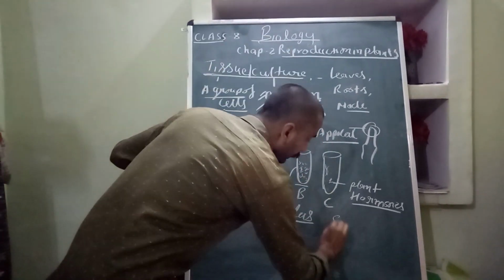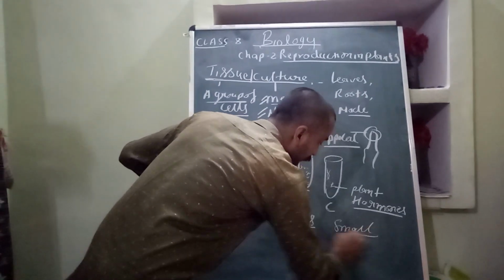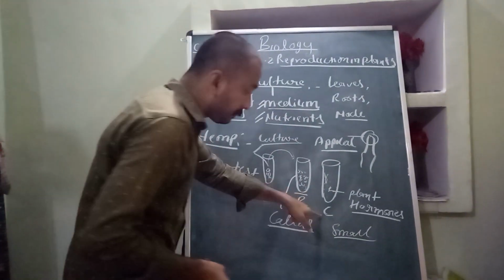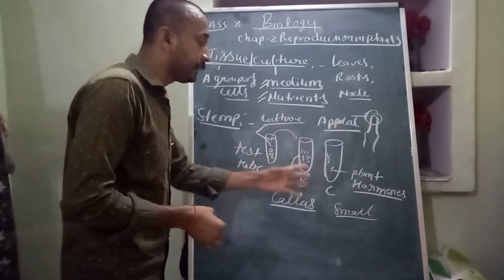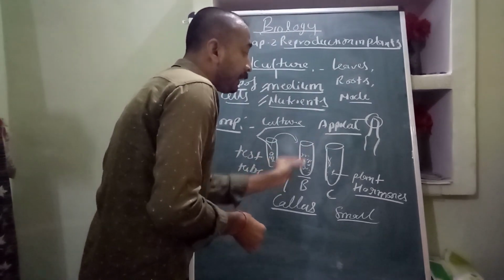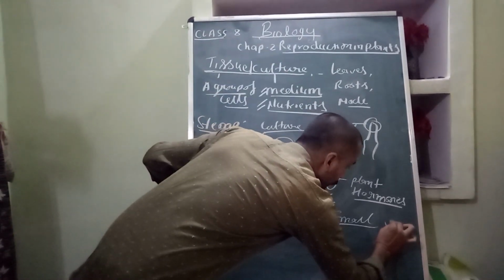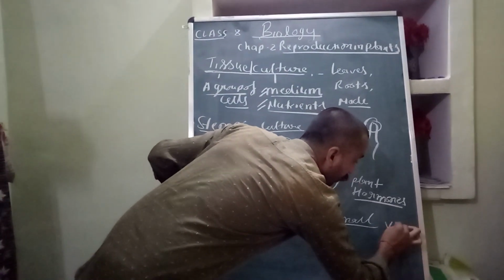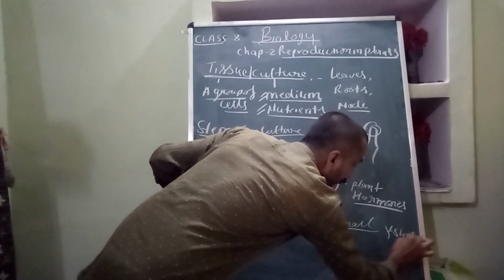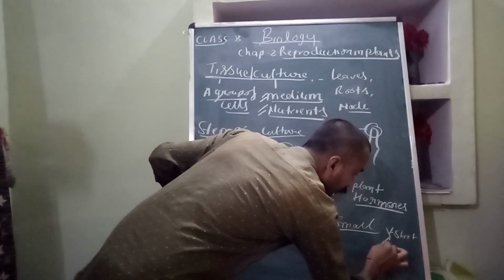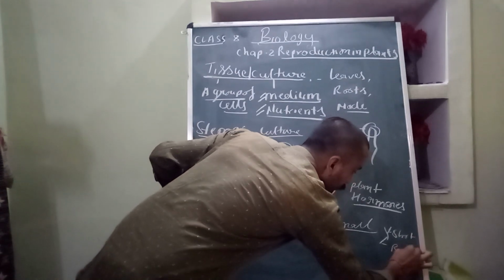New baby means a small structure only. In this beaker we differentiate the callus into upper parts to make the aerial parts or shoot, and lower parts to form a root system.